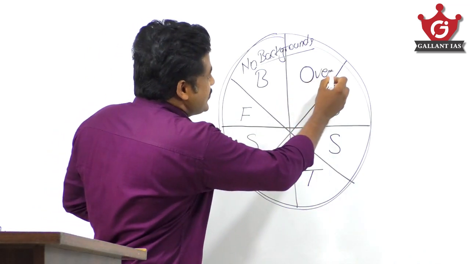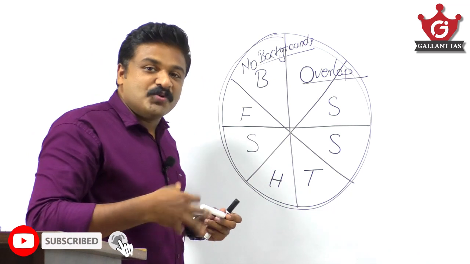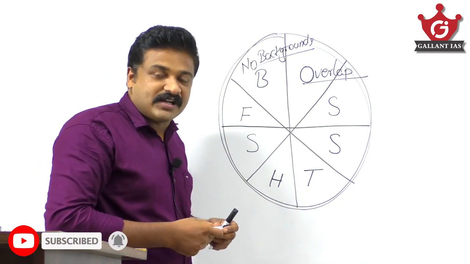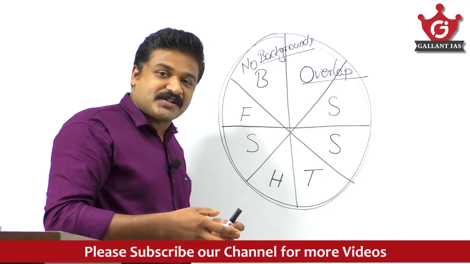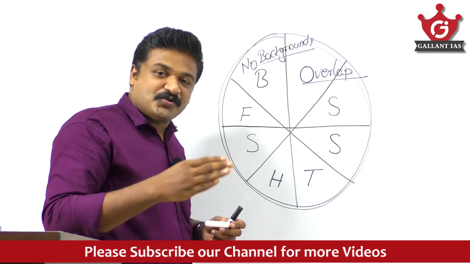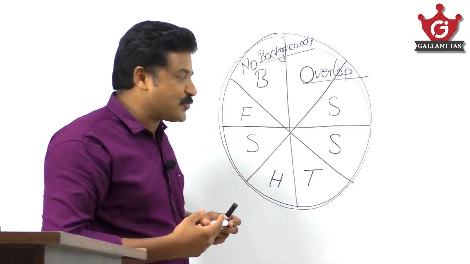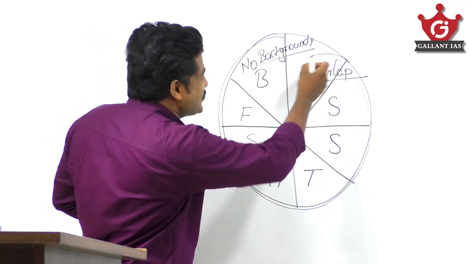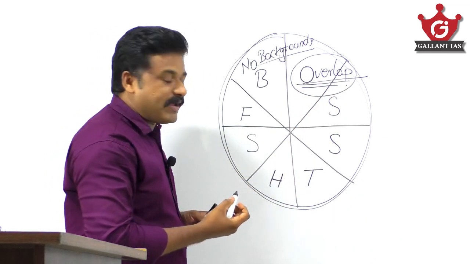This is a subject which has a huge overlap with the GS syllabus. History you have to study in prelims and in mains examination in GS1, GS2, GS3, GS4. Many modules require historical background.